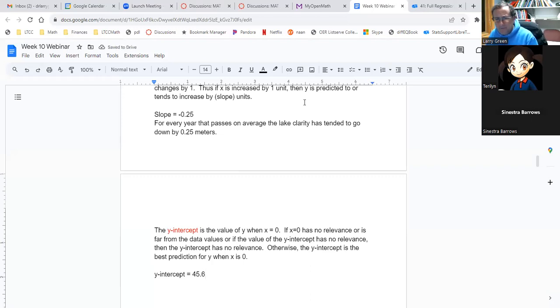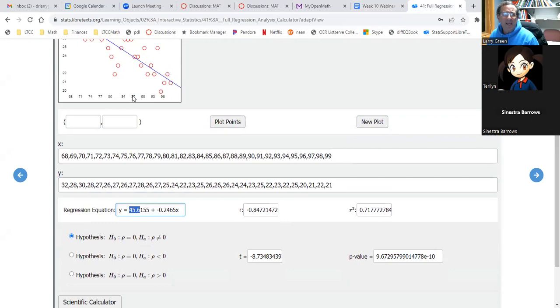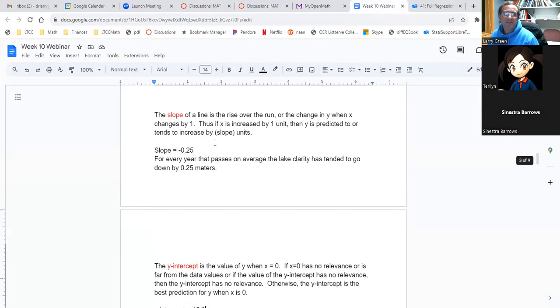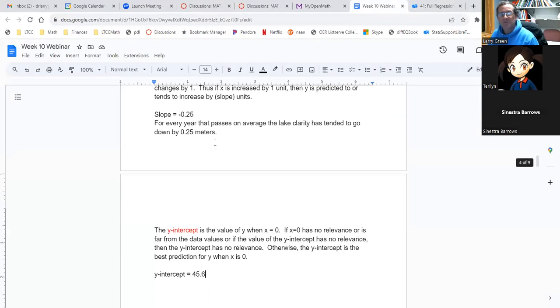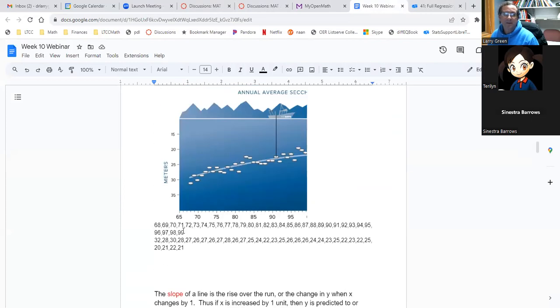Does x equals 0 have meaning with this example? Do you remember what x equals 0 was? What year is it?